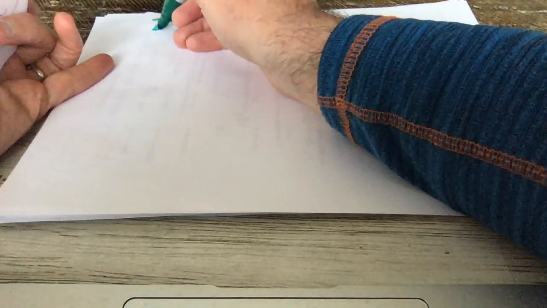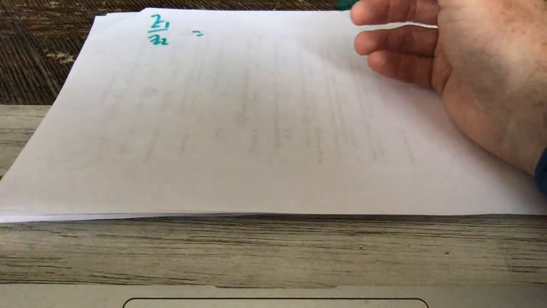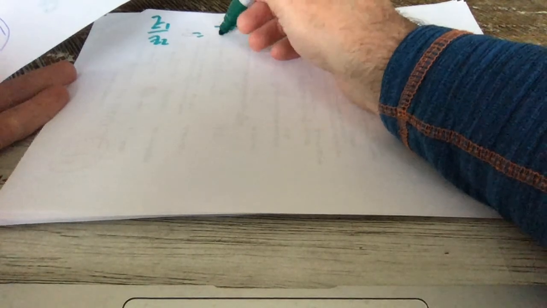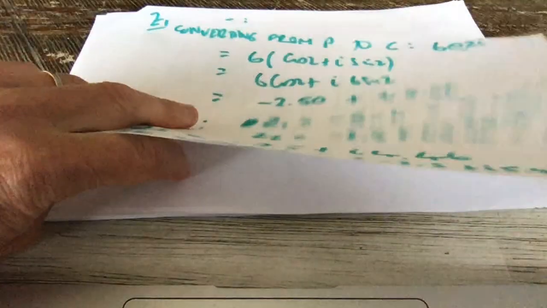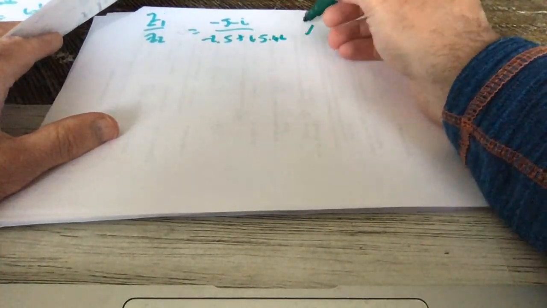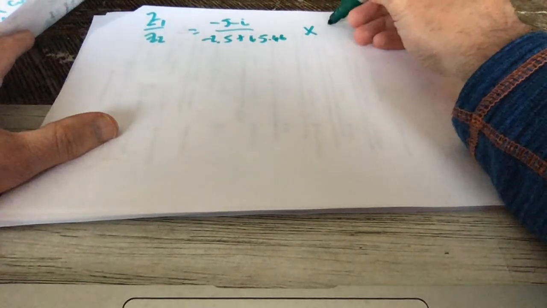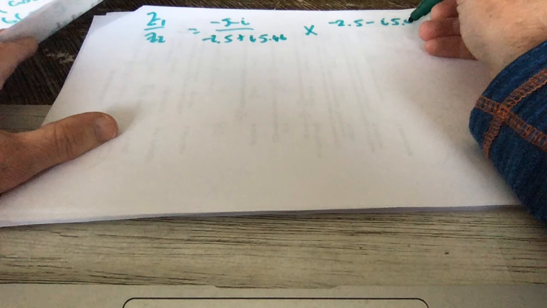So if I look at Z1 over Z2, and Z1, guys, again, if you look at the Cartesian form, it's minus 5 minus i over minus 2.5 plus i times 5.46. And then what you must multiply that by is the conjugate of what's below.